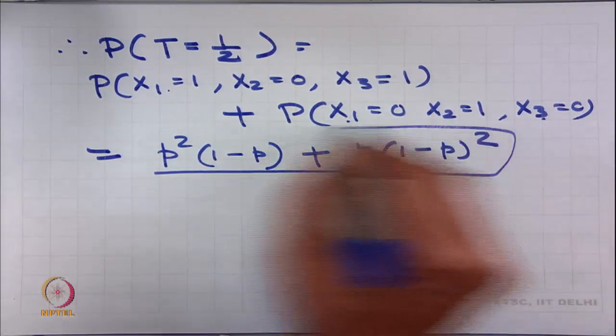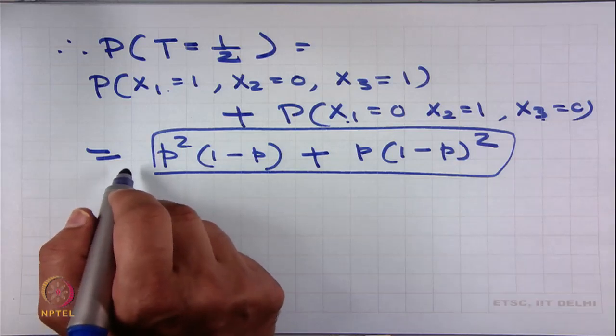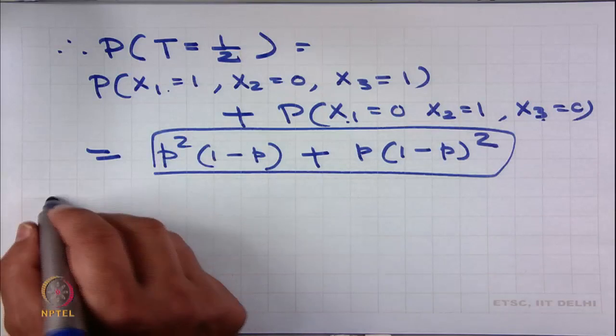So, that is the probability that the statistic T is going to take the value half.